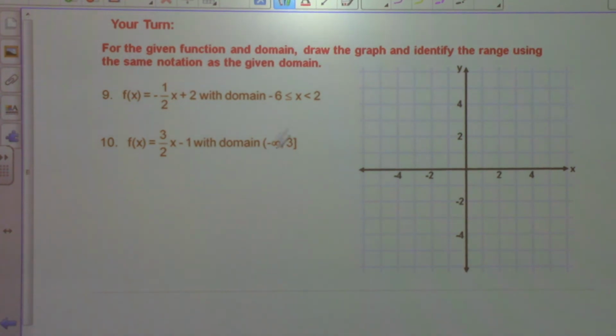Okay, let's look at 9. So looks like our domain is between -6 and 2. So at x equals -6, you can mark that just on the x-axis, or you can draw a line like I have here. x is equal to -6.